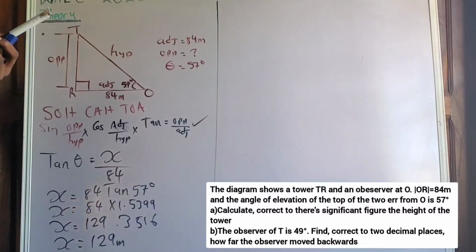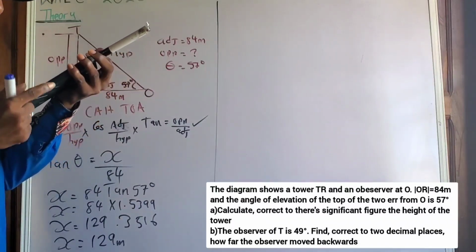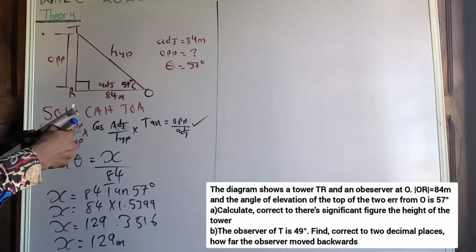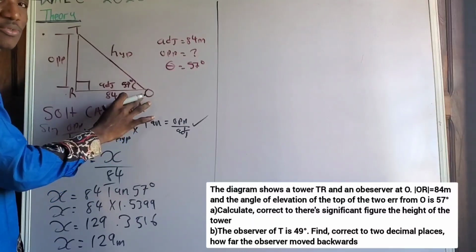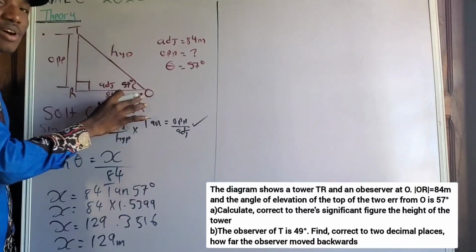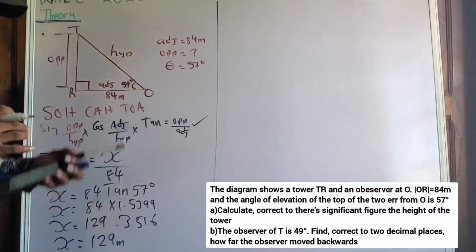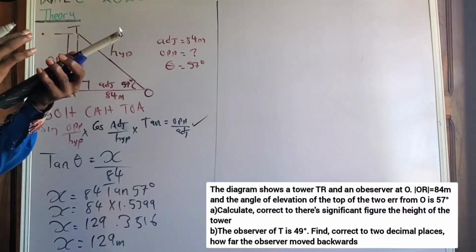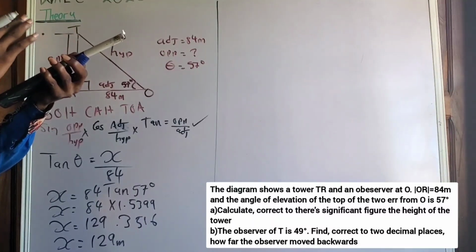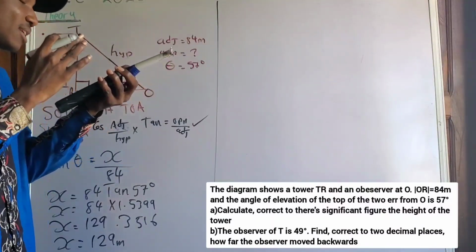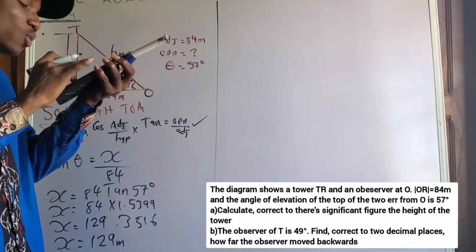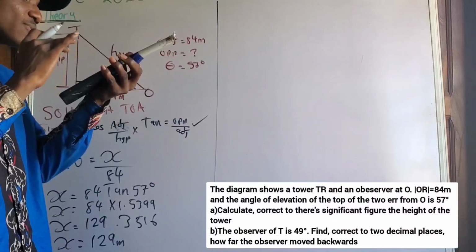Now let's proceed to the next question. We are told that the observer at O, this is where the observer is before. Listen to me carefully. Now the observer at O moved away from the tower in the same straight line until the angle of elevation of T is 49 degrees.